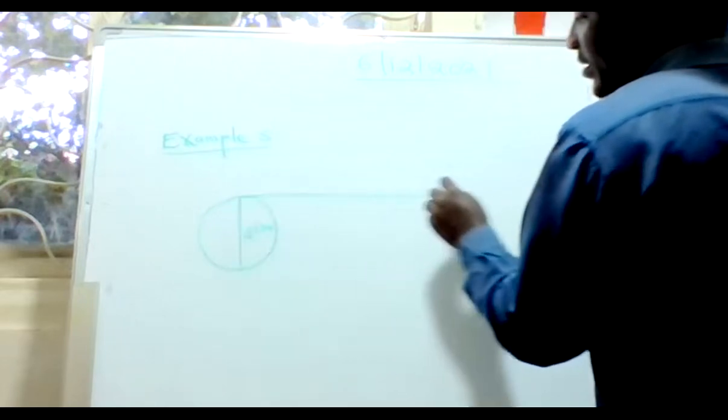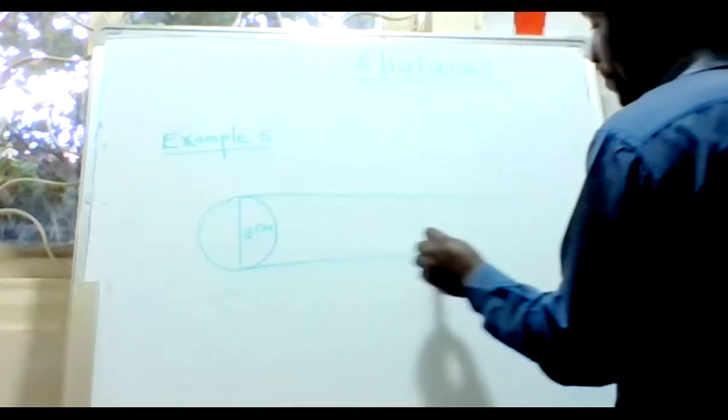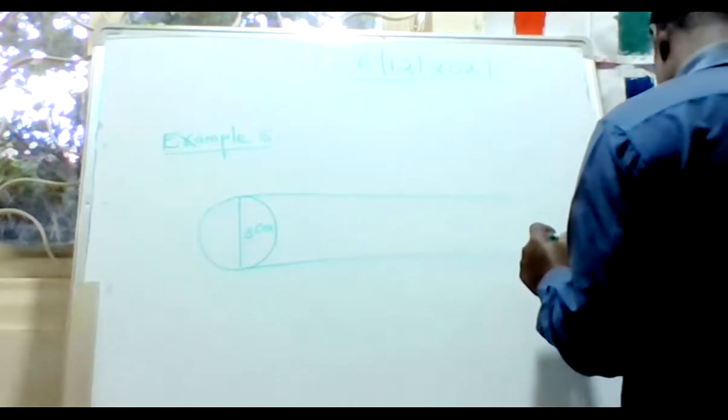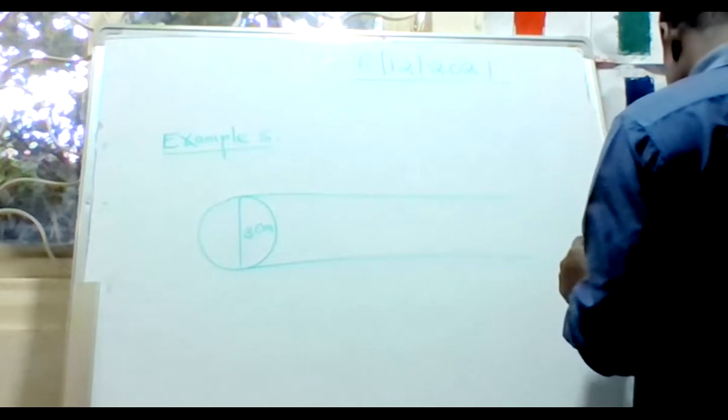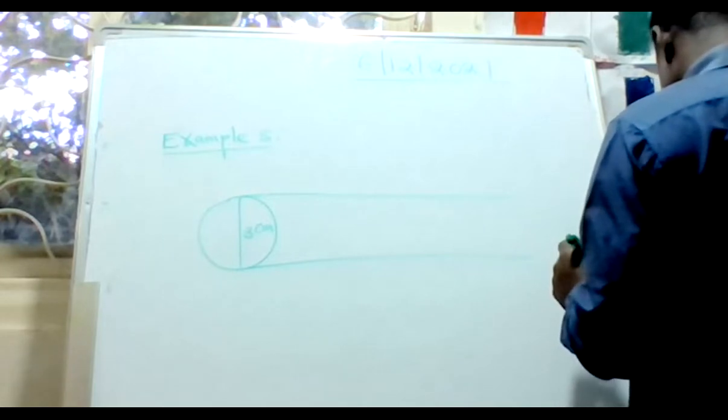So the copper rod is 2 meters long, and the diameter is 3 centimeters.